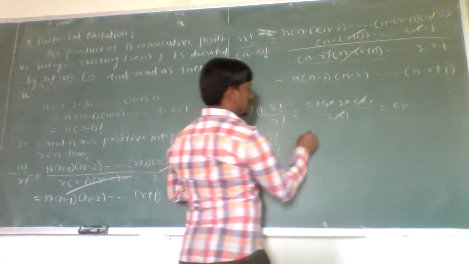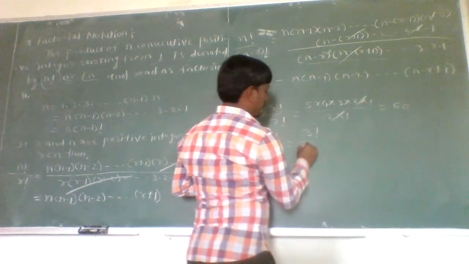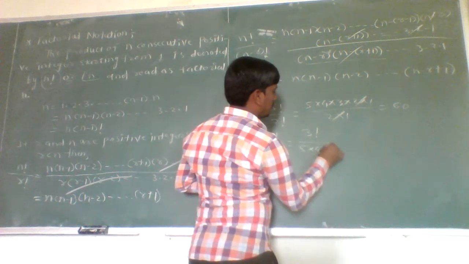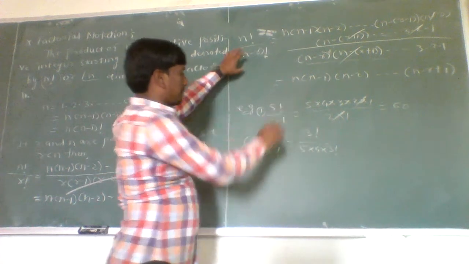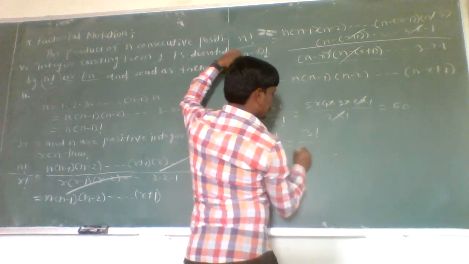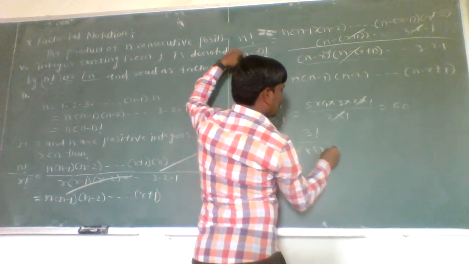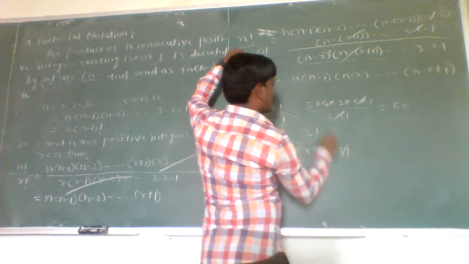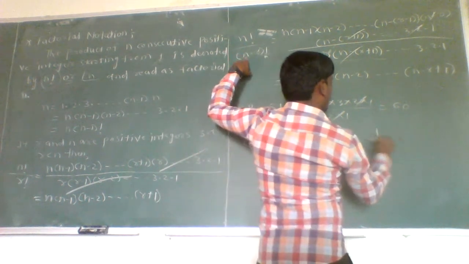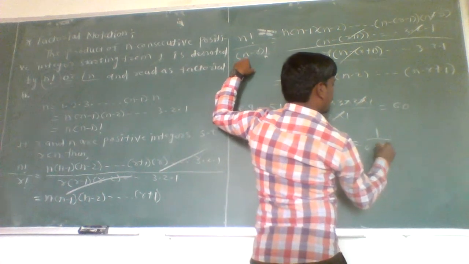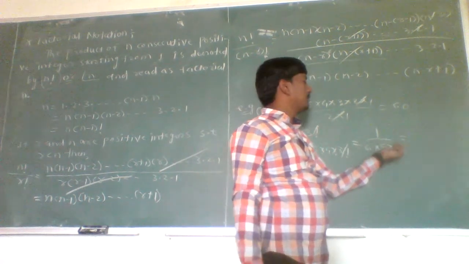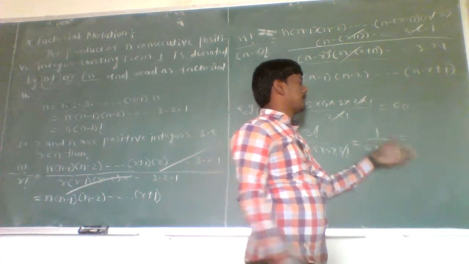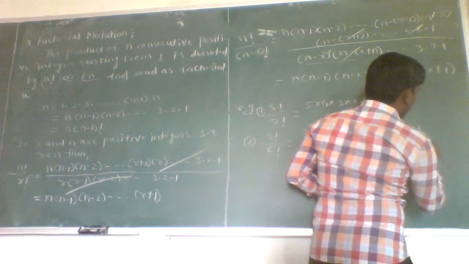This can be written as 3 factorial divided by 6 into 5 into 4 into 3 factorial. 3 factorial, 3 factorial will cancel. 1 upon 6 into 5 into 4, which is equal to 6 into 5, 30, 30 into 4, 120. 1 upon 120.